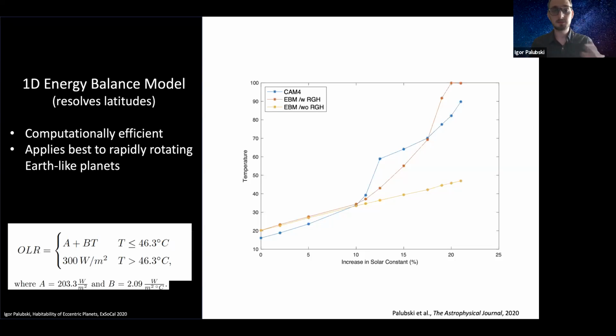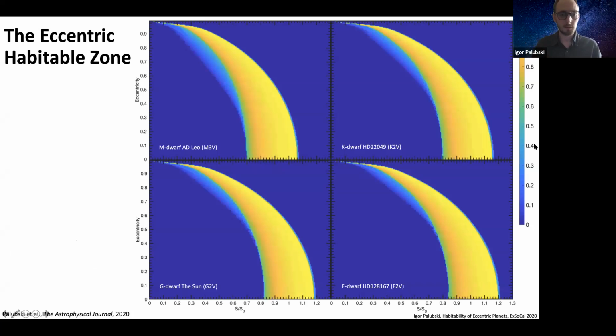So finally, with this model, we were able to run tens of thousands of simulations spanning the entirety of the eccentricity space, at least for bound orbits, and an insolation space from 0 to 130% of the solar constant. What you can see here is essentially the eccentric habitable zone, but what I'm actually plotting is what we call fractional habitability.